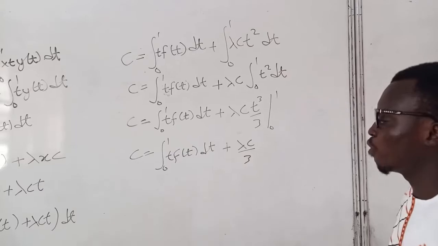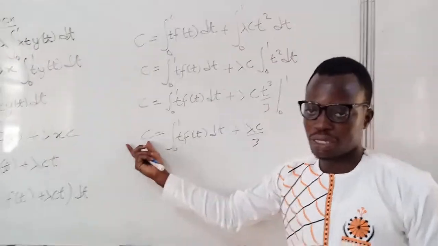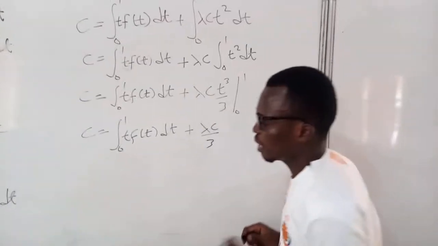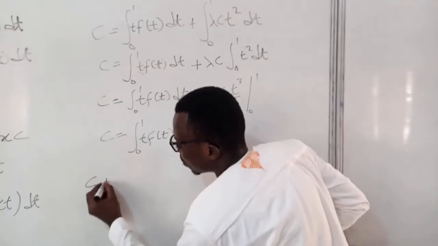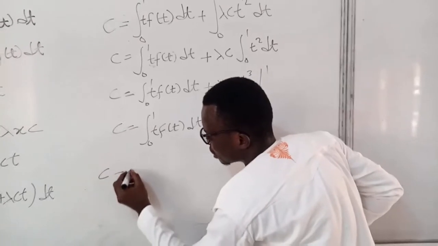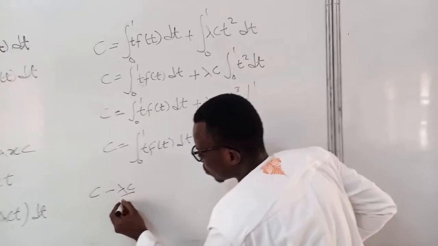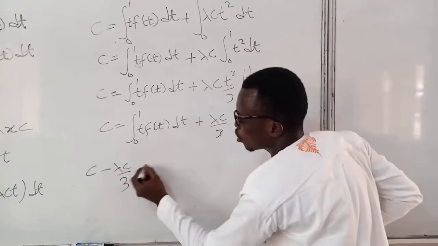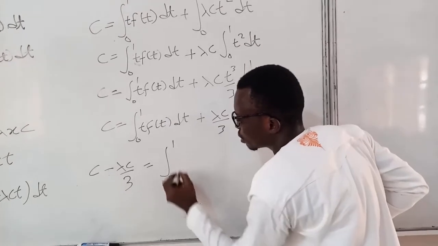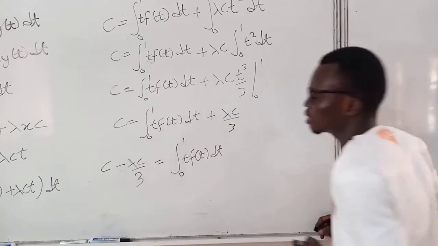So we are trying to solve for c. Let's send this term to the other side of the equation. We're going to get c minus lambda c divided by 3, which is equal to the integral from 0 to 1 of t f of t dt.